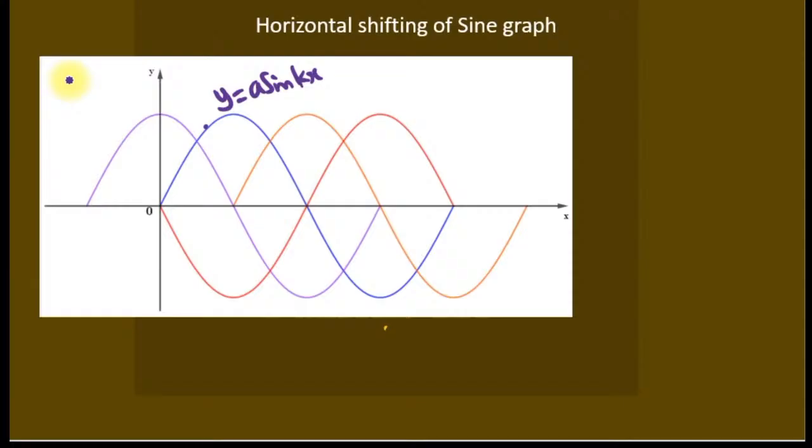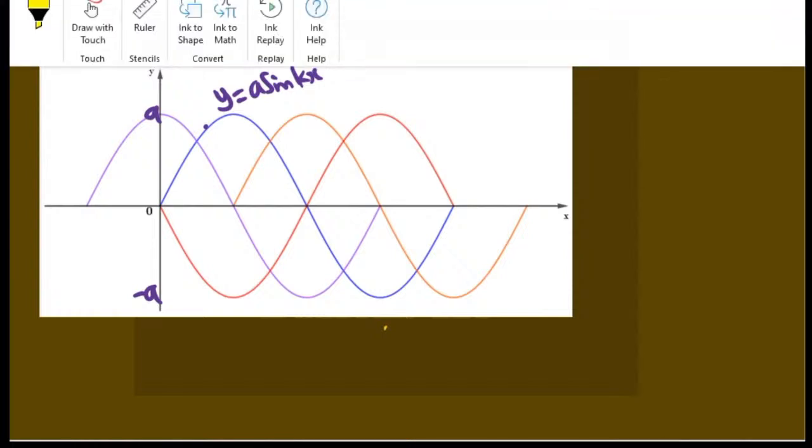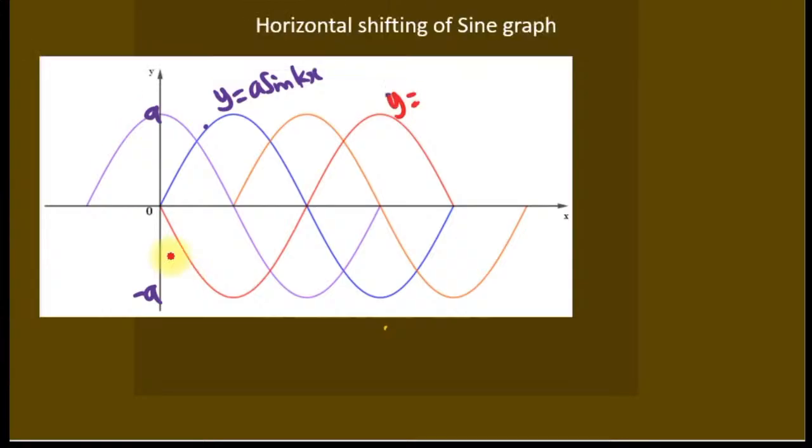So if here is A, because the absolute A is called the amplitude, here is minus A. So the graph of the red function will be y equal to minus a sine kx. So do you see it? If you multiply by minus, you get the red graph.